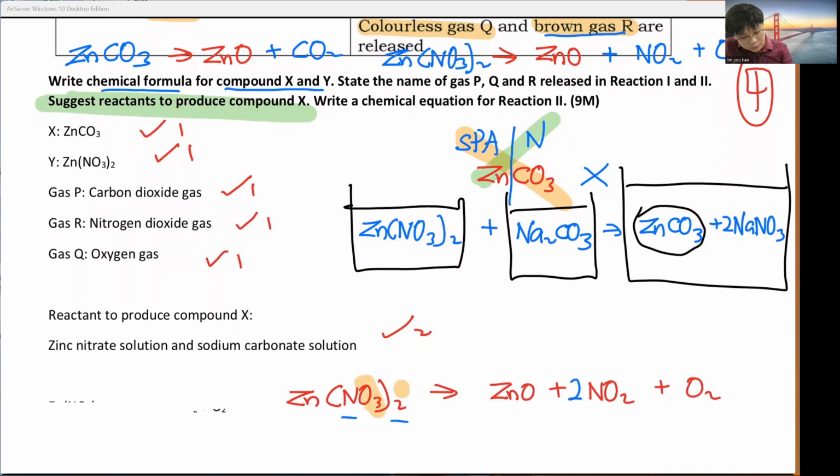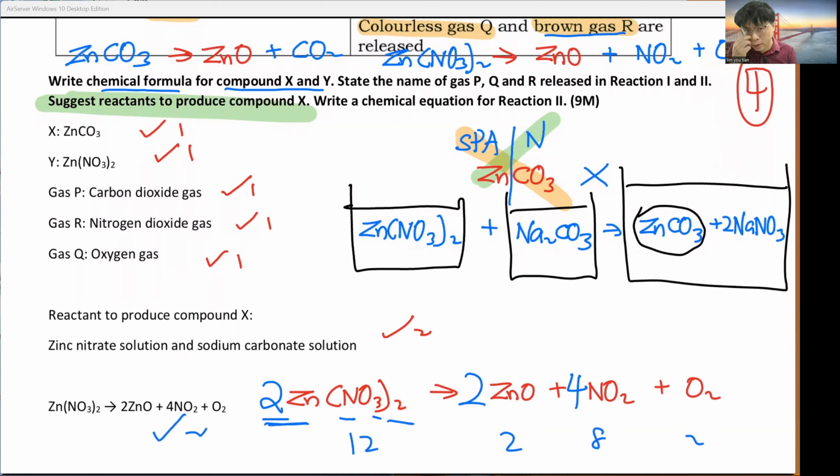Here got 6 oxygen. Here got 1. Here got 4 oxygen. Here got 2. Total 7. 6 and 7 is not balanced. So this kind of time, I told you before, find the biggest one times 2. Always when you're stuck and don't know how to balance, you find the biggest one and times 2 first, then you're able to do it. So 2 is the N, 2 is the M, then N times 2 is 4N, then total oxygen is 3 times 2, 6, 6 times 2 is 12. Here got 2, here got 8, here got 2, so total 12. Okay, so that's why this equation is 2 marks.